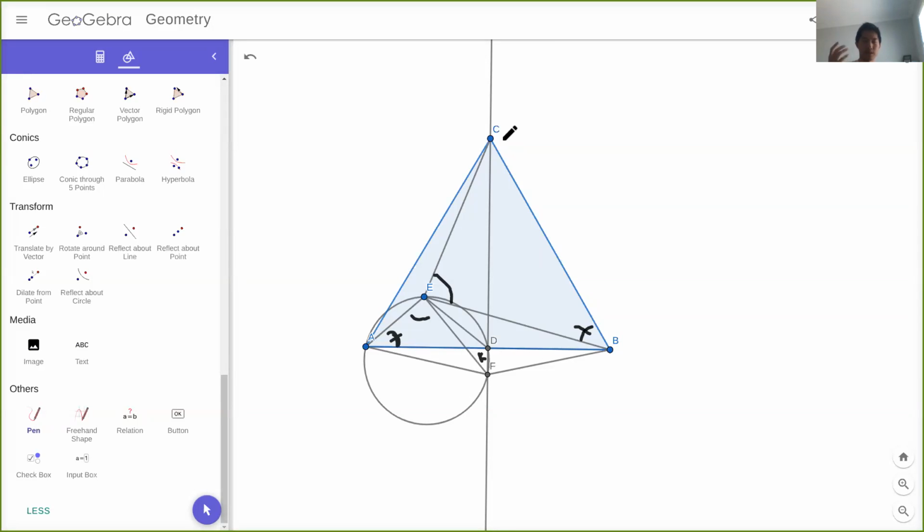If you want to recap why we needed CEFB cyclic, it's because then angle CEB equals angle CFB, which equals angle CFA, which is angle DFA, which is 180 minus angle AED. Okay.